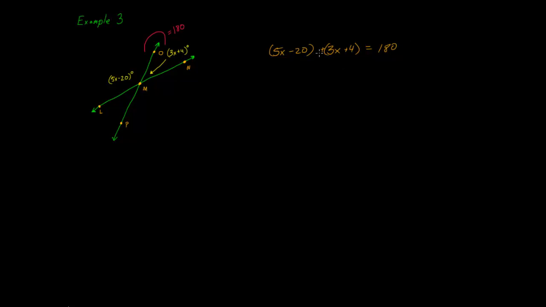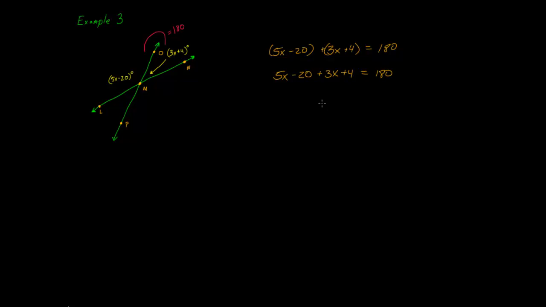We have a plus sign in front of these parentheses. That means we can pull it out without having to worry about changing any signs. Distribute that positive 1 throughout. 5x minus 20 plus 3x plus 4 equals 180.